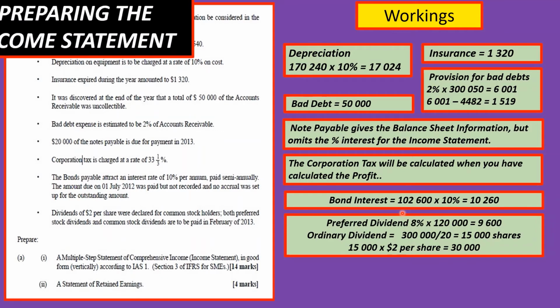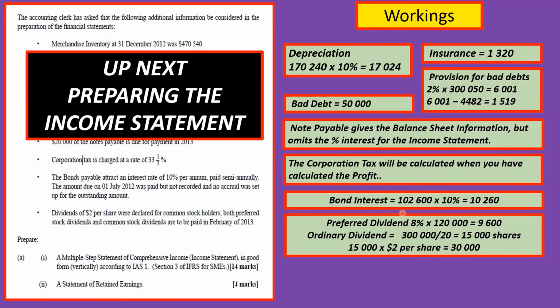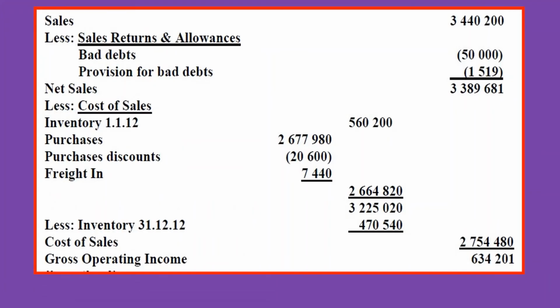So coming up next, preparing the income statement. We begin to write up our income statement, and we begin with the sales, and from that we will list the sales returns and allowances.